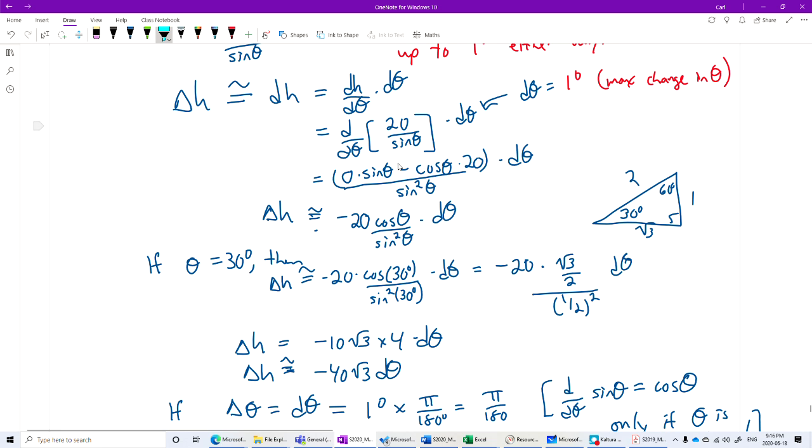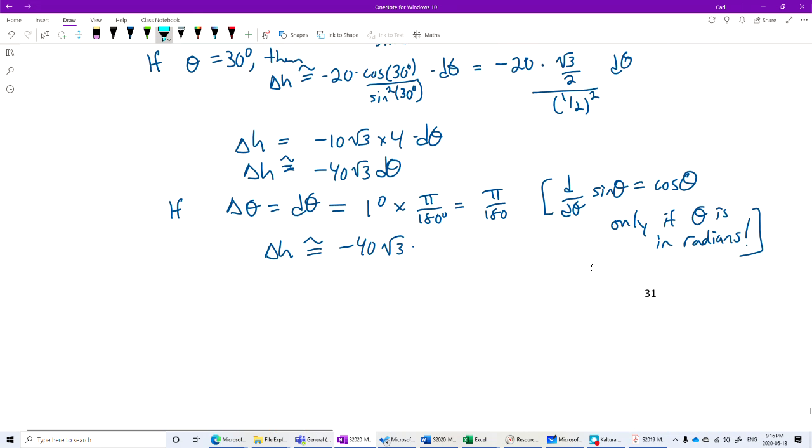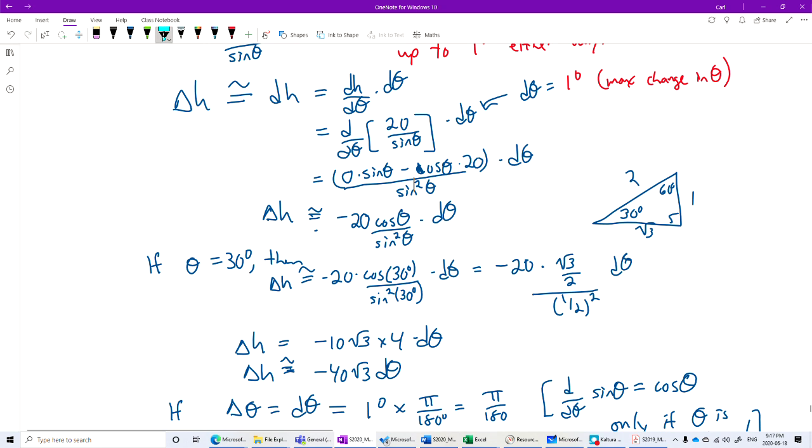Right here, in order for this derivation to be correct, it had to be in radians. It doesn't affect any of the rest of it, so we're okay.